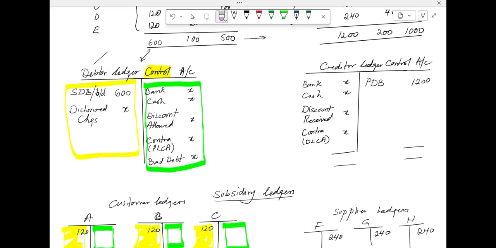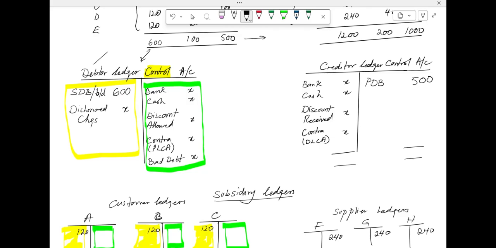So what I'll do is I'll net off the minimum balance, the lower balance. Let's put some figures to make it clear. I have to pay £500 to the accounting firm, and I have to collect £600 from the accounting firm because I'm training their employees.